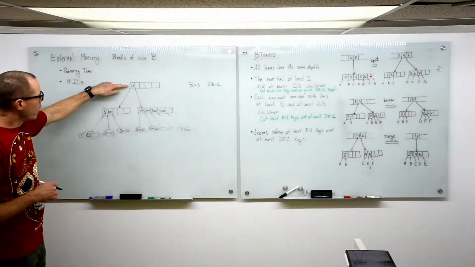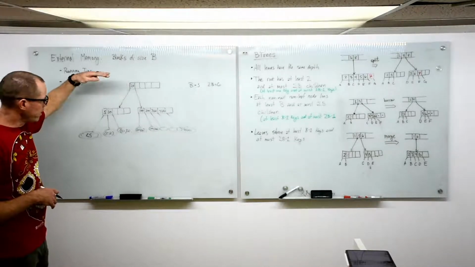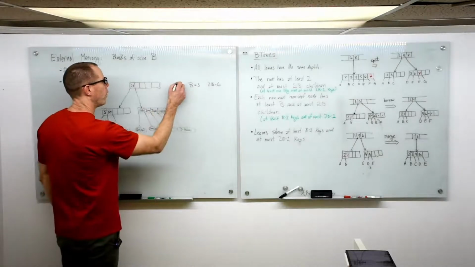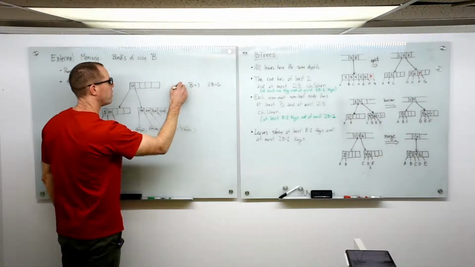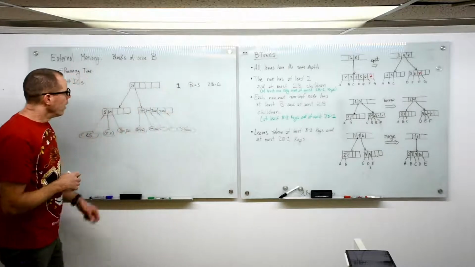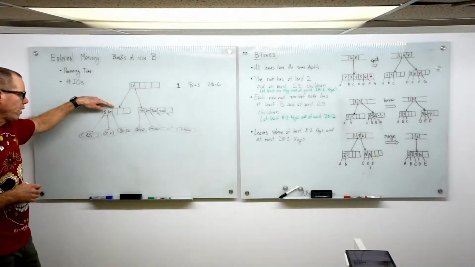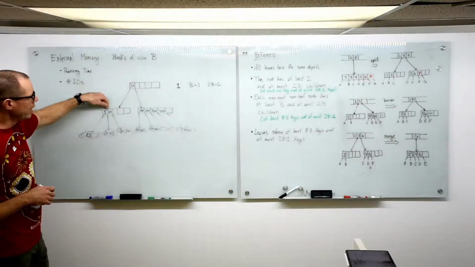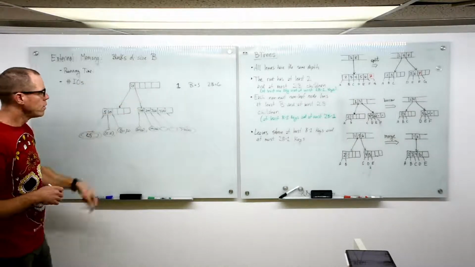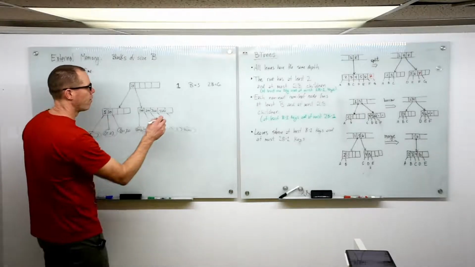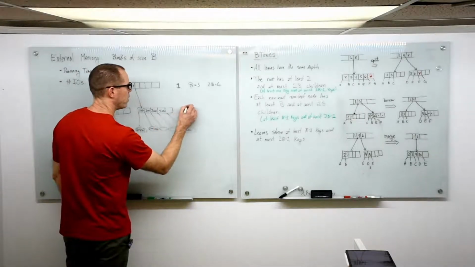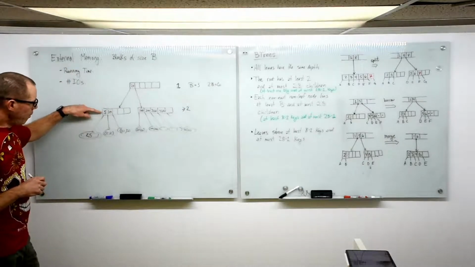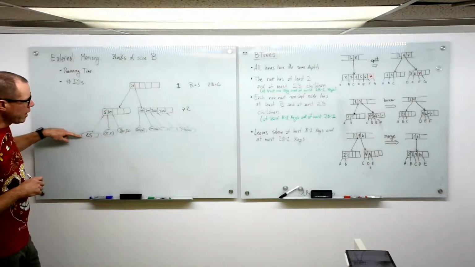So how many nodes are there at depth 0? Well, there's going to be one of them. It's the root. How many nodes are there at depth 1? Well, we said that the root has to have at least 2 children. So at depth 1, we have to have at least 2 nodes. But what about depth 2?